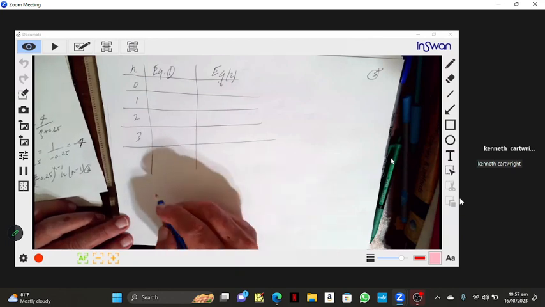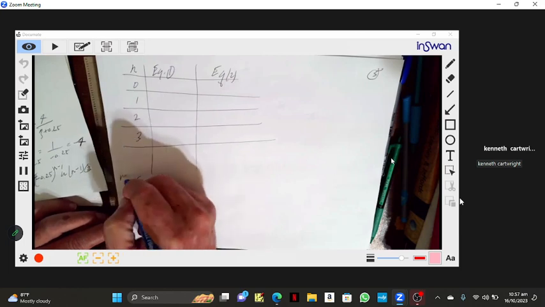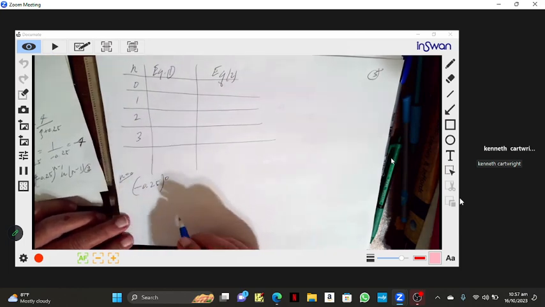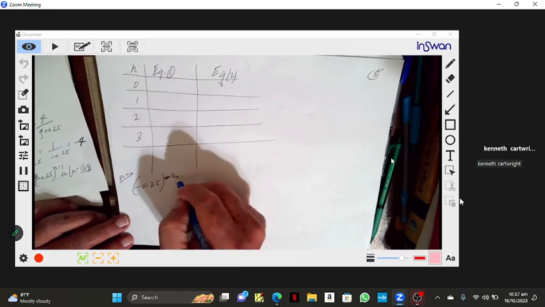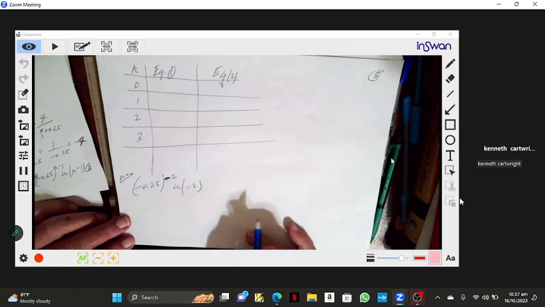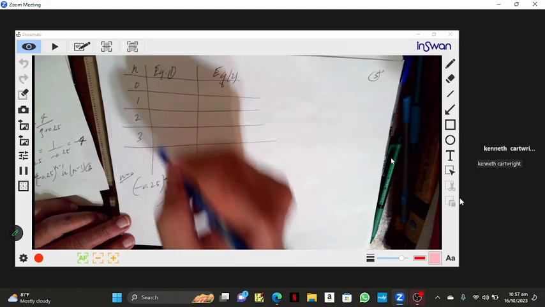All right, so for equation 1, we have negative 0.25 to the power, this is n equals 0, to the negative 2, u of negative 2. Right off the bat, you know that's 0, because of u of negative 2. So that's 0.